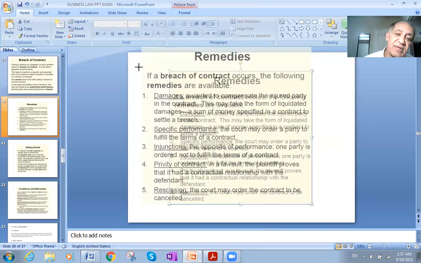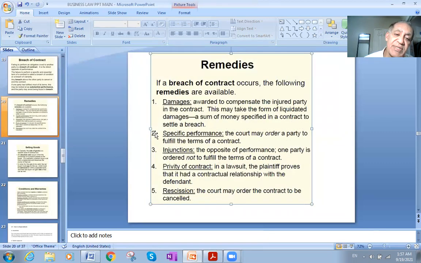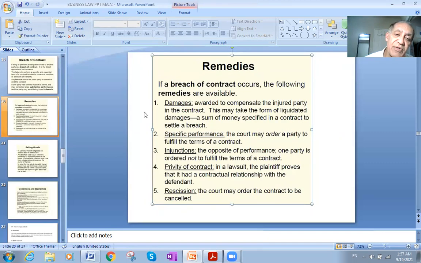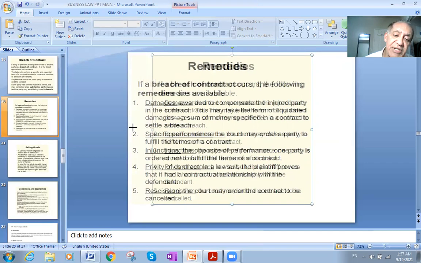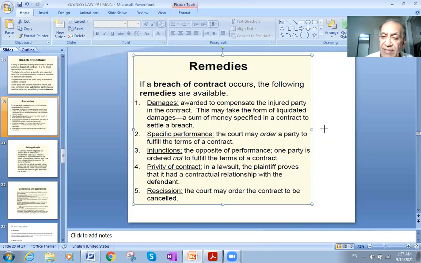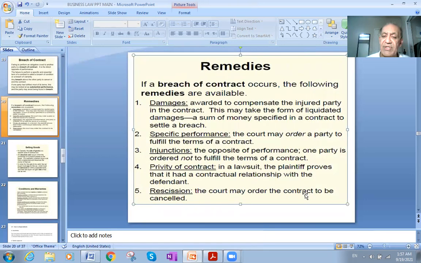Remedies. Remedies are like the doctor, exactly like when you go to the doctor for treatment: how will we cure the position of the breach of contract, how will we deal with this situation? If a breach of a contract occurs, the following remedies are available. Damages: we have to compensate the injured party.